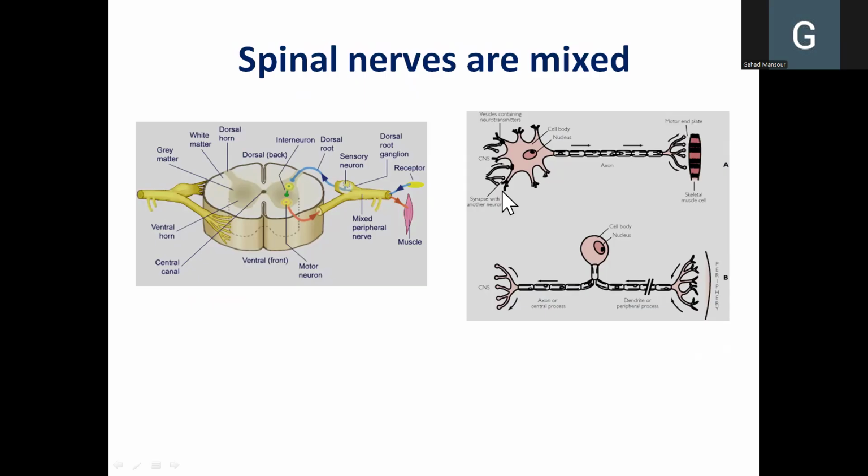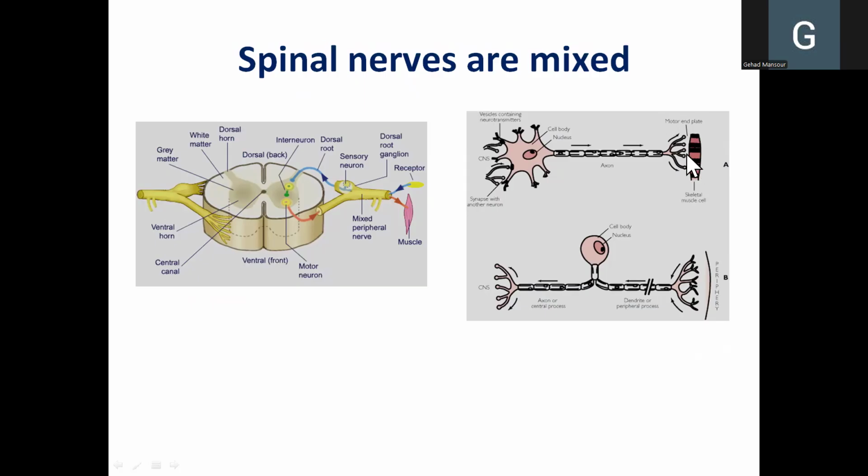So the impulses are received at the dendrites and they're sent along the axon to reach this synapse, which is called a motor end plate or a myoneural junction or a neuromuscular junction. Actually, motor end plate is not the name of the synapse. The name of the synapse is neuromuscular junction or myoneural junction, the junction between a muscle and a neuron.